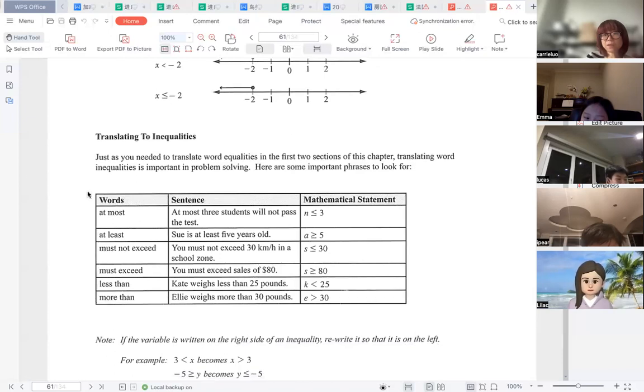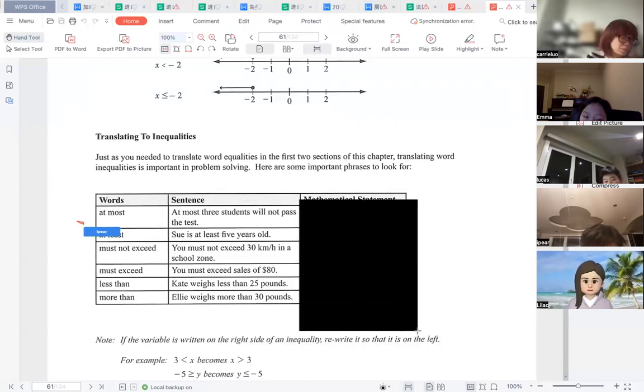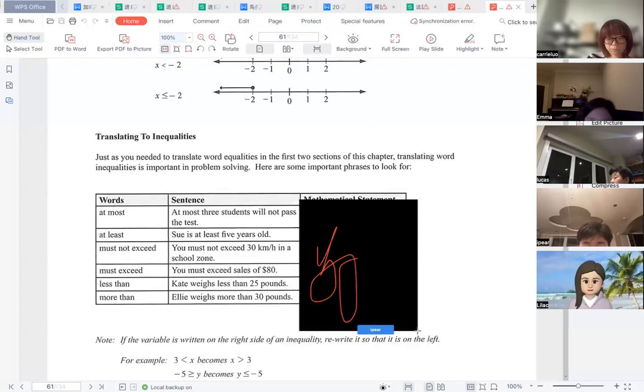Okay, 好，那我们来看一看这个。At most, we need to understand those ones, okay? At most. So everybody, at most 3 students will not pass the test.